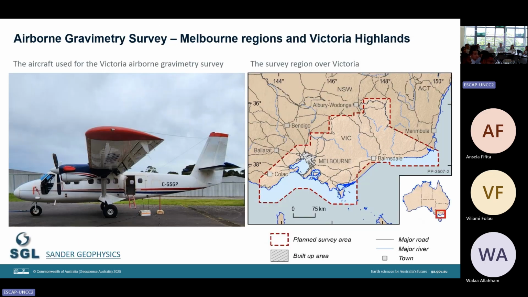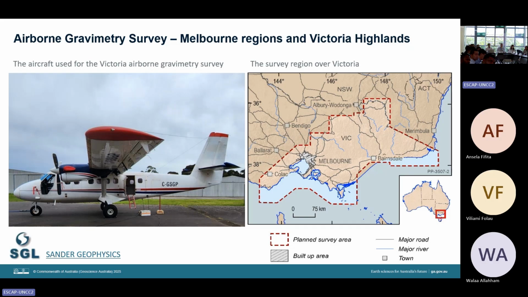So Sander Geophysics, or SGL, offered the best technical score and value through the tendering process, and we offered them the contract for the data collection. The quote was for nearly 200,000 line kilometers, covering the survey area shown there on the right, with north-south primary lines and east-west tie lines every 20 kilometers, which are used to check the accuracy of the data at intersection points and to facilitate any re-leveling of the data to make sure we got an internally consistent data set.